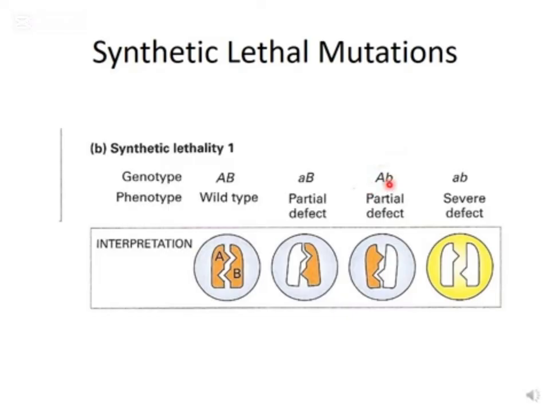If we have a mutation in the other allele, that could lead to a different partial defect. However, if both locations are mutated, that's going to completely prevent the two proteins from binding and doing their function, which would lead to a severe defect.